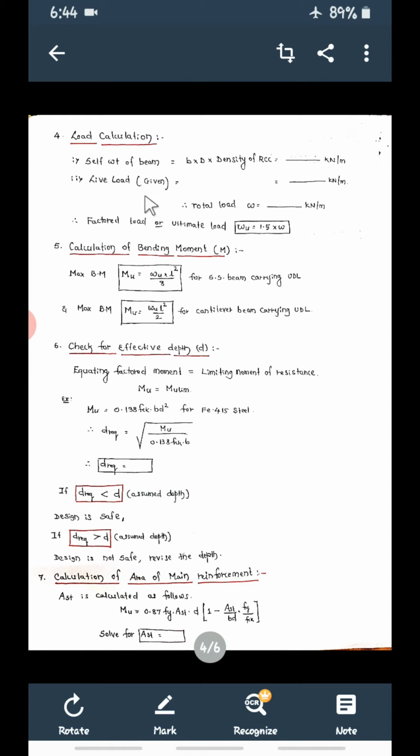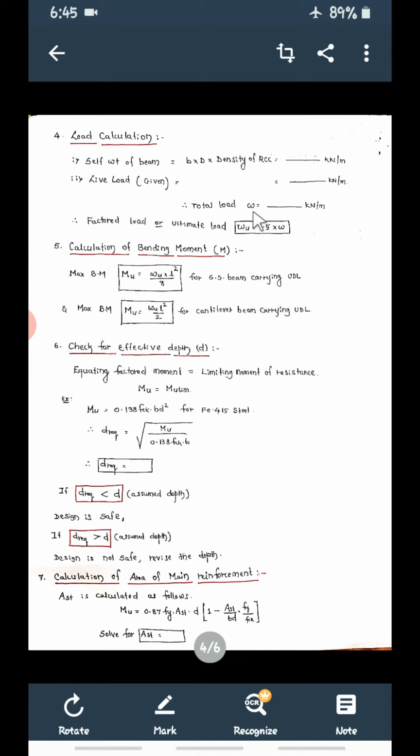Then live load is given in the problem. See how much live load is given, that you have to write down, in kilonewton per meter. So basically the self weight of the beam you have to consider, the live load given in the problem you have to consider. Other than this, if any load is given, you have to take that. So add all these loads. This will be small w. Why is it small w?